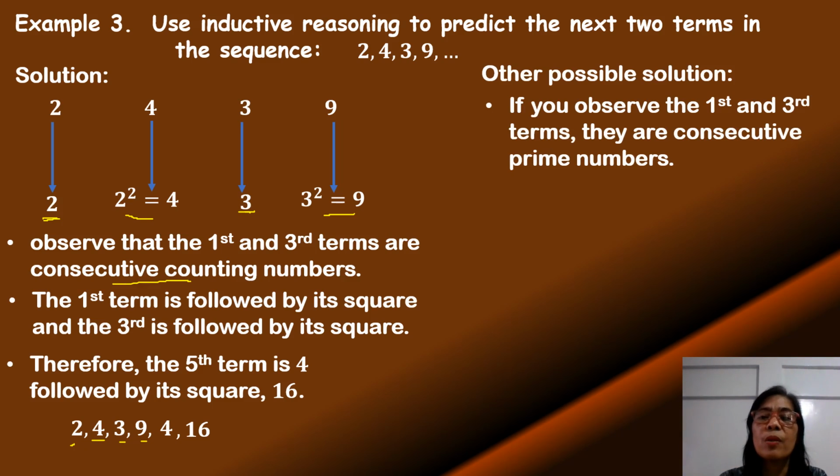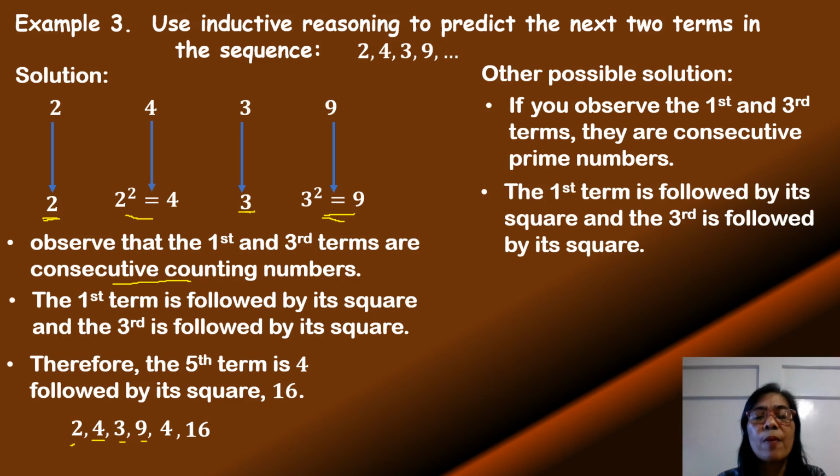However, there is also another observable pattern formed by 2 and 3. We can consider 2 and 3 as consecutive prime numbers. Following the same format illustrated in this example, the first term is followed by its square, the third term is followed by its square, and the next term should be the next prime number, which is 5.